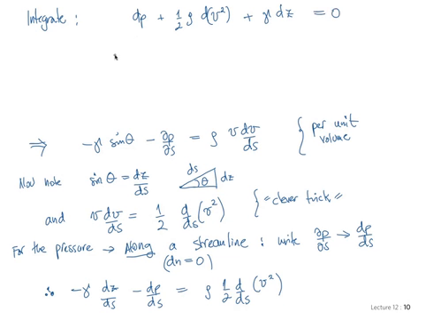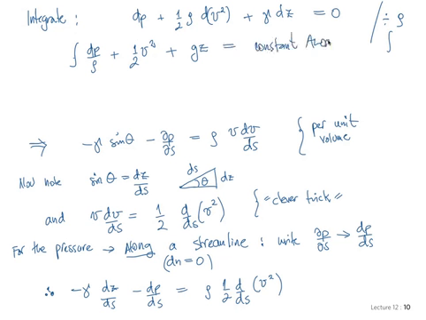So now I integrate these. I'm going to divide over by rho and integrate. And so I'm going to have the integral of dp over rho plus the integral of this, which is just 1/2 v squared, and here I have gz, equal to a constant along a streamline.